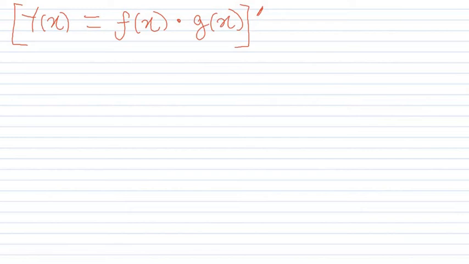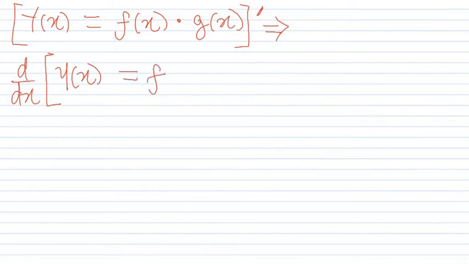So this is the same thing. Since this is a differentiated one, like I said, we could also have it as d over dx of y of x equals f of x g of x, differentiating all of it with respect to x. And this is what you get.